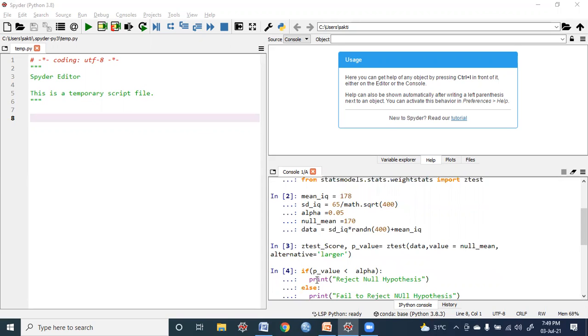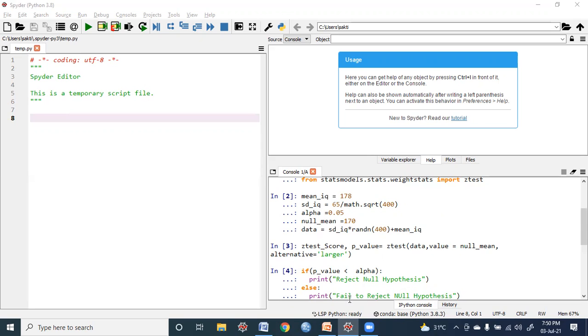Now in the program itself, I am writing: if the p-value that we get in the third line is less than the error rate alpha, then we reject the null hypothesis. Otherwise, we say that we fail to reject the null hypothesis, meaning we accept the null hypothesis.